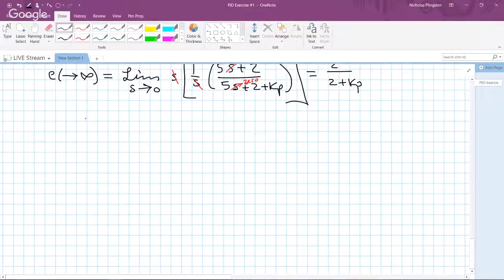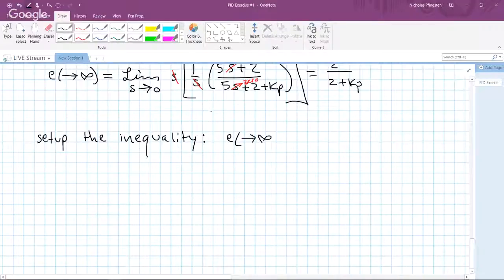So we're going to set up the inequality, which is going to look something like this. And then we're going to have 2 all over 2 plus Kp, less than or equal to 0.05.